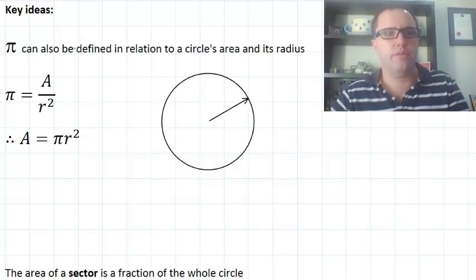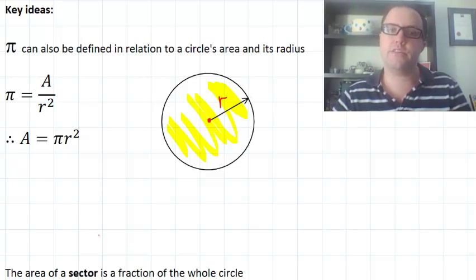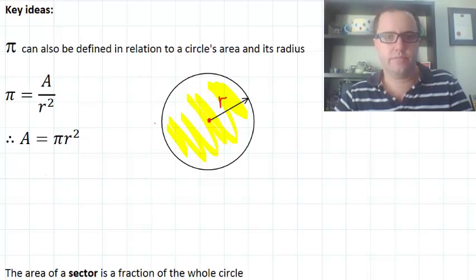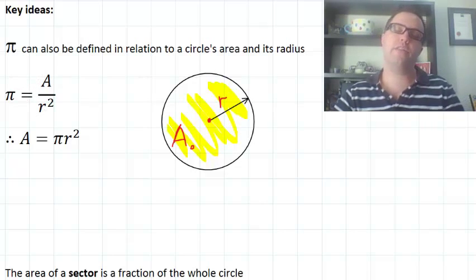Our key idea here: pi can also be defined in relation to a circle's area and its radius. Remember, radius is from the center of the circle directly to the outside. Pi is equal to the area of the circle divided by the square of the radius.